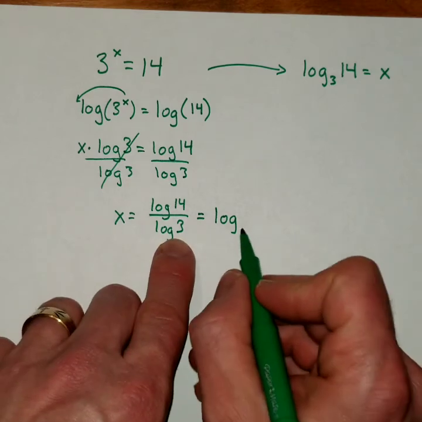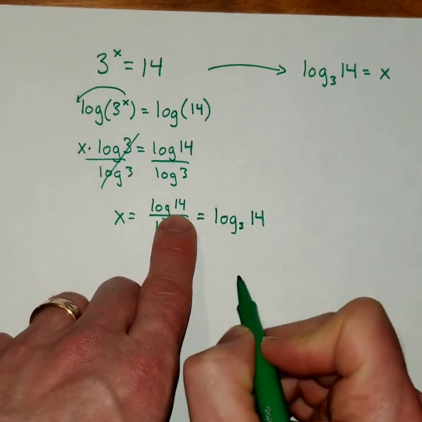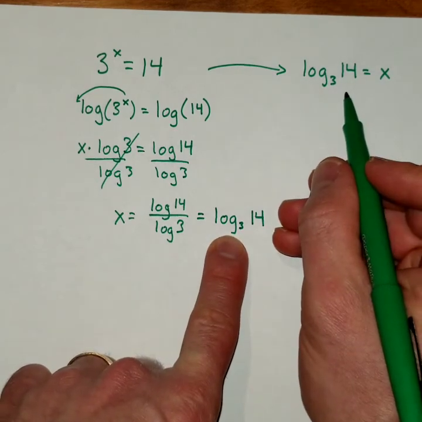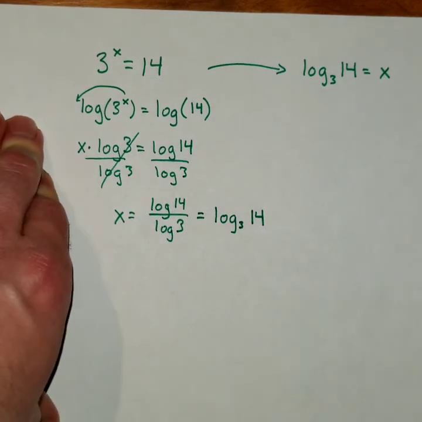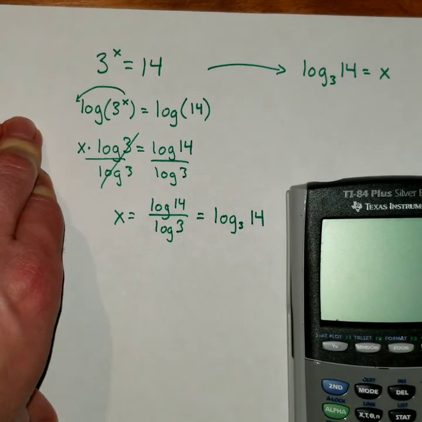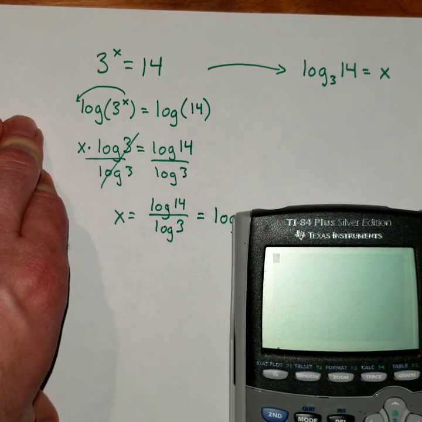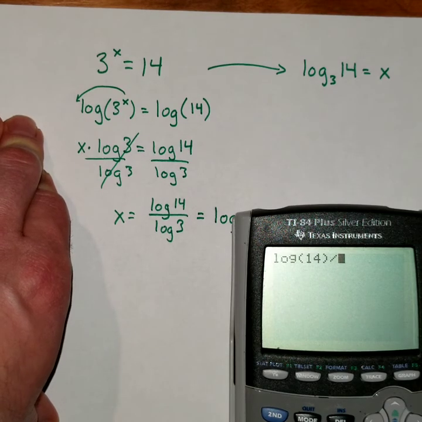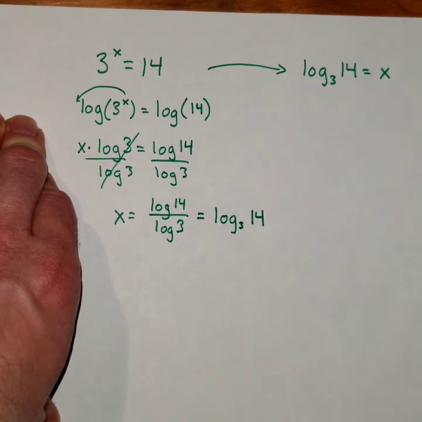You'll notice I actually do have the exact same expression, log base 3 of 14. And just real quickly I can type that into my calculator. Log of 14 divided by log of 3, and I get approximately 2.402.